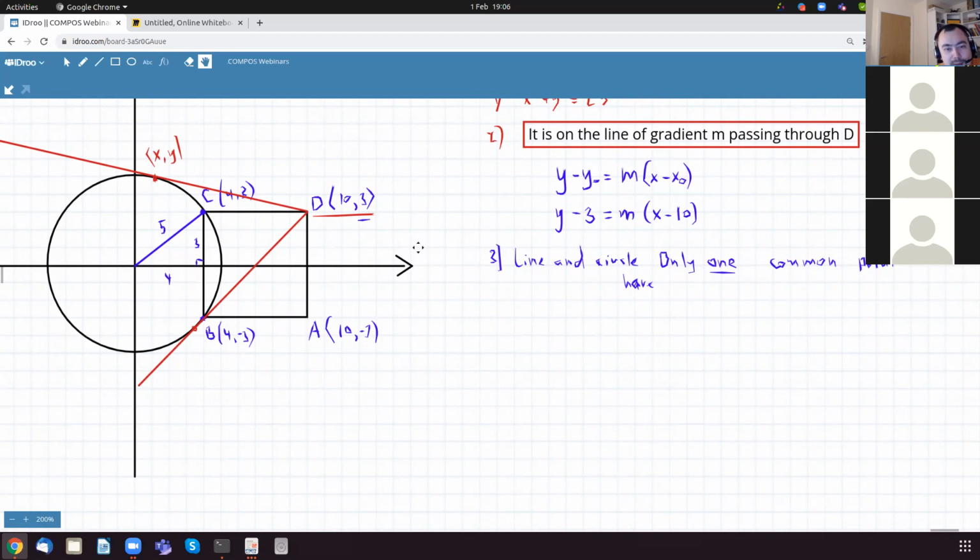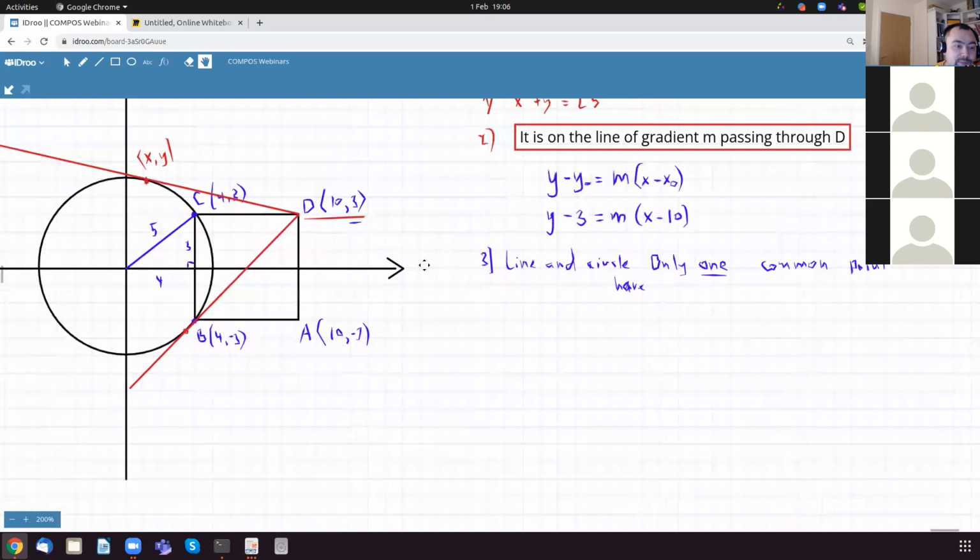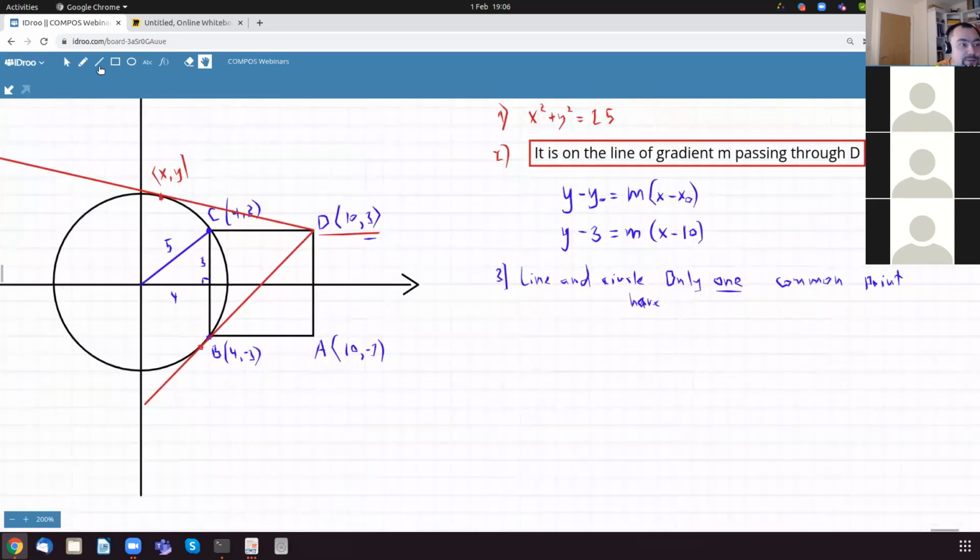So what I'm going to do here is there are two ways. I could either find the gradient of this line and say that these are perpendicular, because this is the radius and this is the tangent.